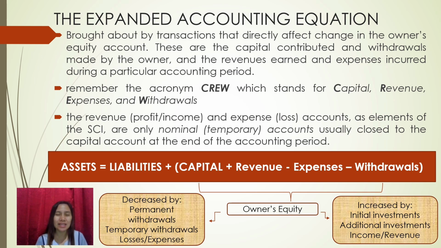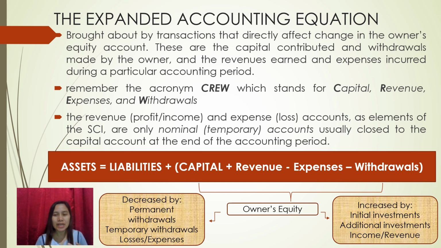So remember that the assets, liabilities, and capital are the elements found in the statement of financial position. But we are tackling the statement of financial position, so we are going deeper.